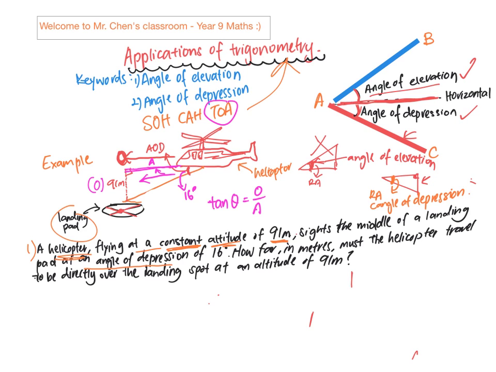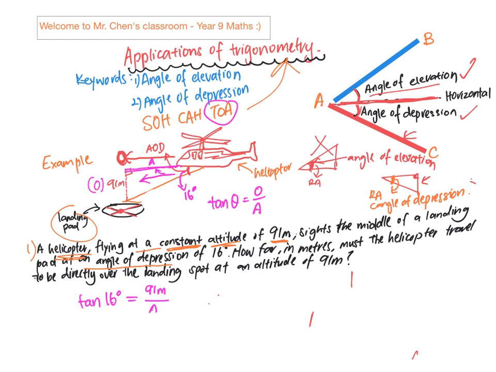From there it becomes relatively straightforward. You just need to put in tangent, the degree is 16 degrees, equal to your opposite, which is 91 meters, over adjacent. We are trying to look for the adjacent.